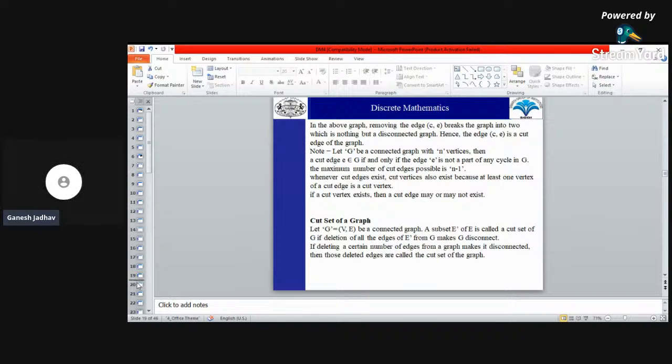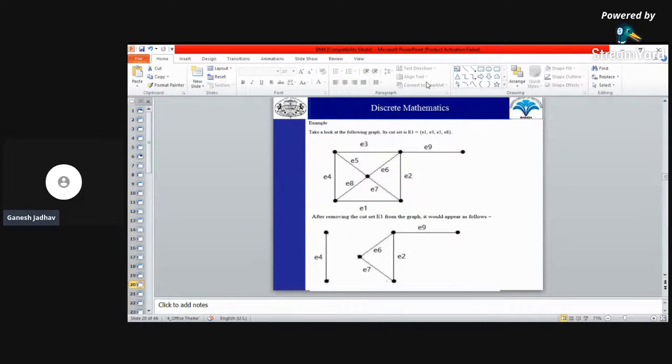So we took the example of the graph, with cut set E1 equal to E1, E3, E5 and E8. After removing E1 from the graph, it would appear as follows. Here are the edges now, E5 and E3.